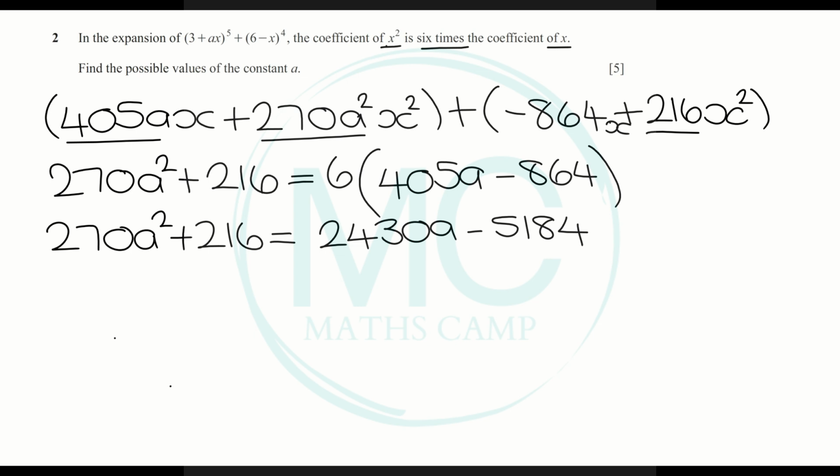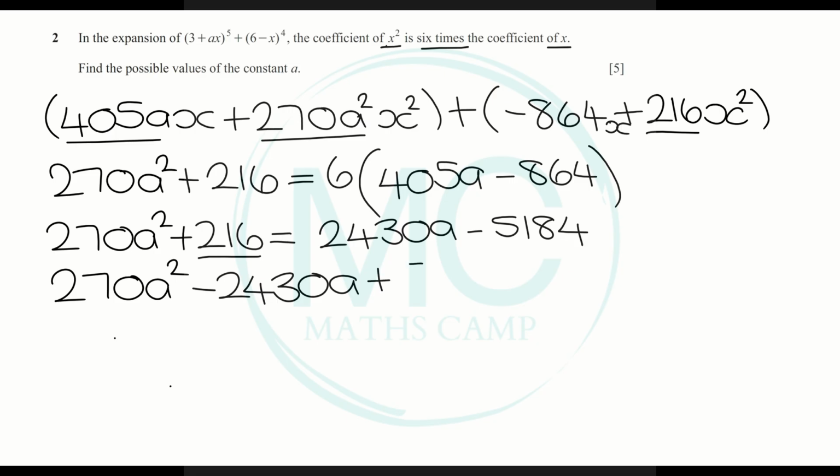I have a quadratic equation, so in order to solve for a, let's move all of the terms to the left. I now have 270a squared. Let's move our a term, so minus 2,430a. I have 216. Let's add 5,184 and I get 5,400. And this is now equal to 0.